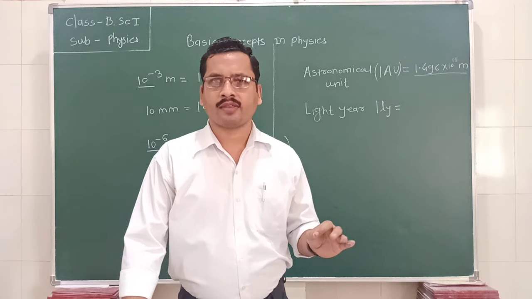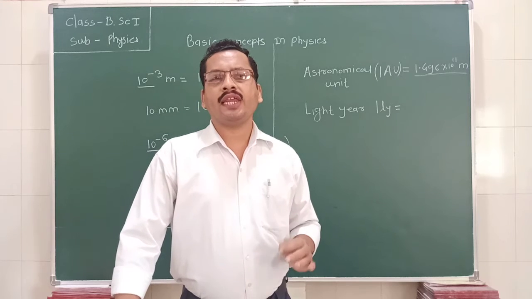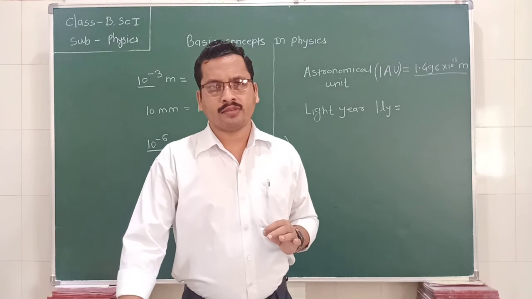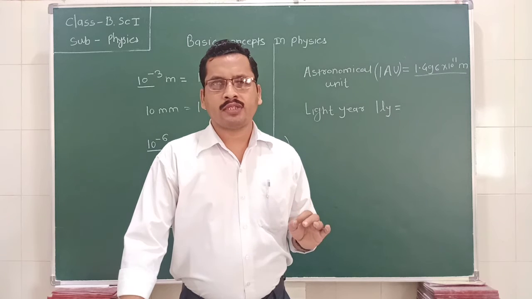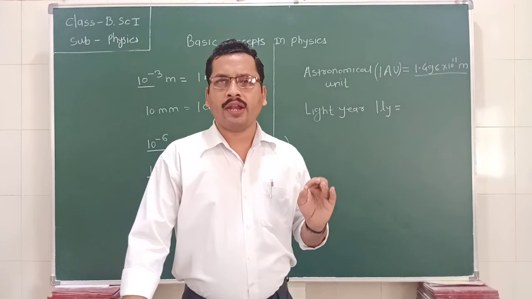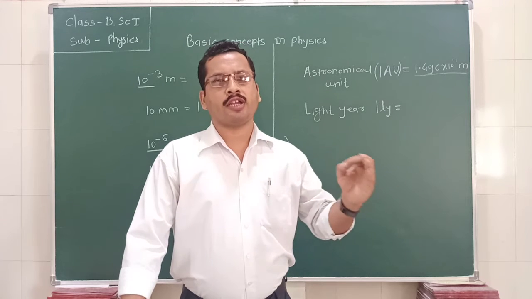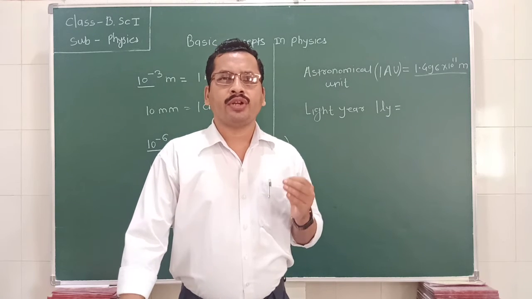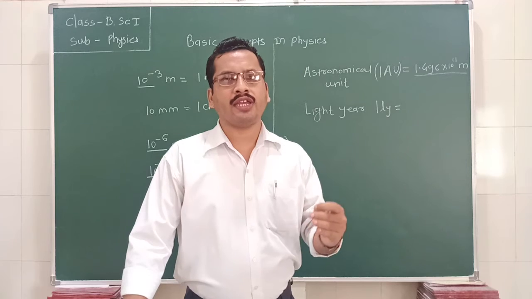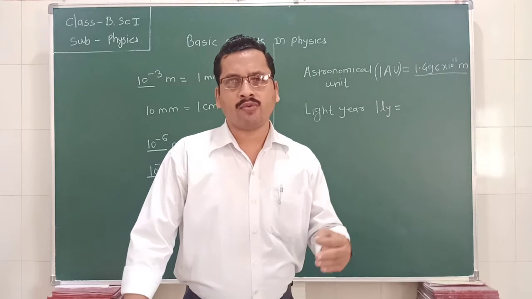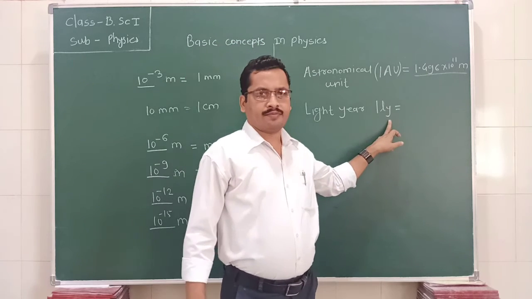Consider light travels 3 lakh km per second. It means in 1 second light travels a distance of about 3 lakh km. Then the distance covered by this light in 1 year is equal to 1 light year.